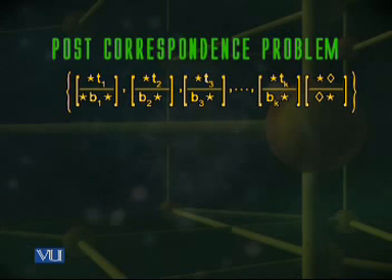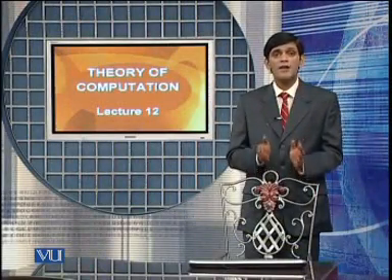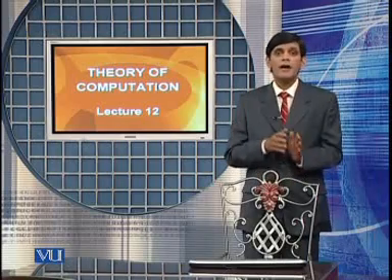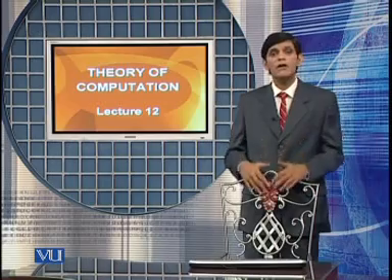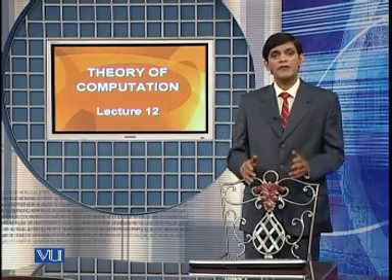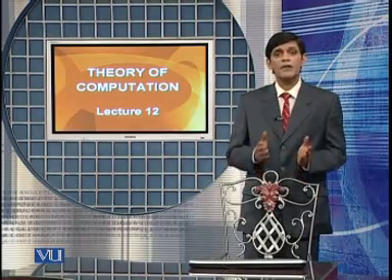On the other hand, if you look at the bottom strings, the only bottom string that starts with a star is the one that corresponds to the first domino of the original modified PCP problem, namely the domino which has star T1 at the top and star B1 star at the bottom. Now, if anyone were to find a match for this new collection, they will have to start with the first domino.